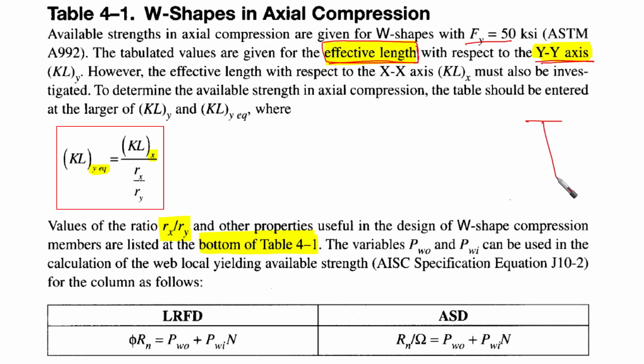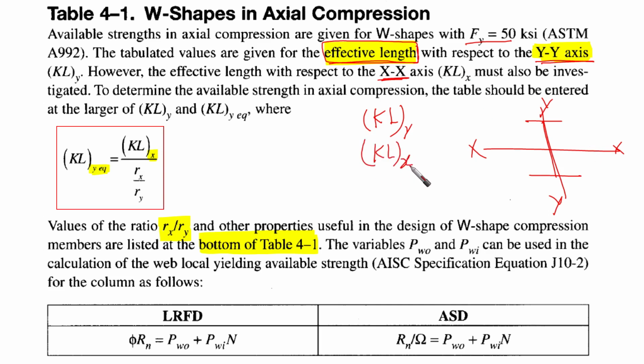We are talking about this being x and this being y here, so we are talking about KL with respect to y. However, the effective length with respect to the x-axis, the horizontal one, which we call KLx, must also be investigated.